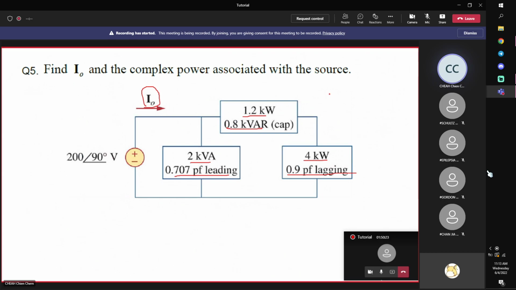Complex power consists of a real part and an imaginary part. So all of these are given in various forms. What you need to do is to convert them into complex power. In fact, it means that you're given two pieces of information of your power triangle. You need to find P and Q, right? This is what it means.